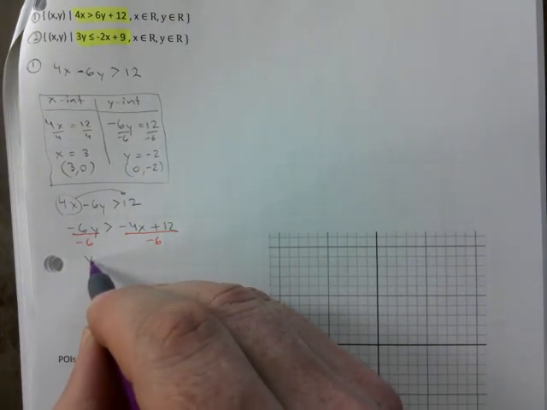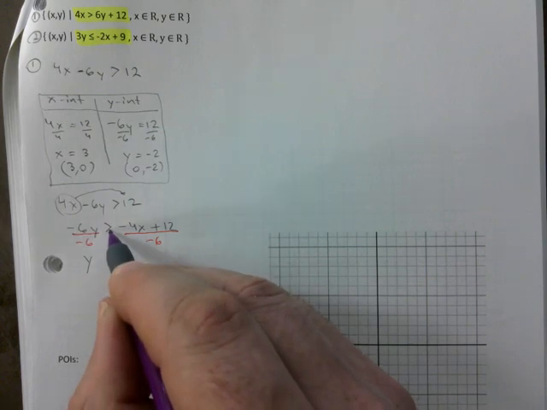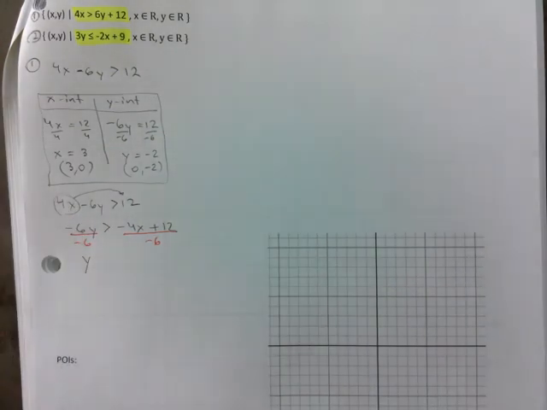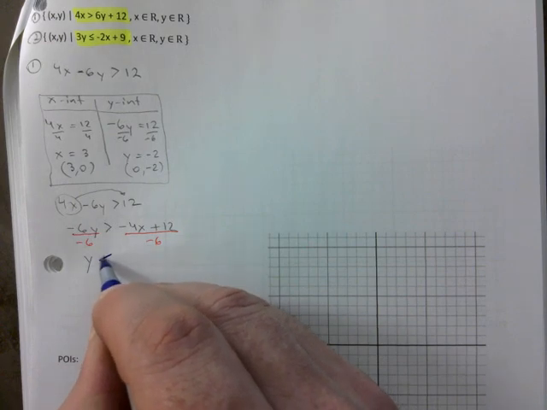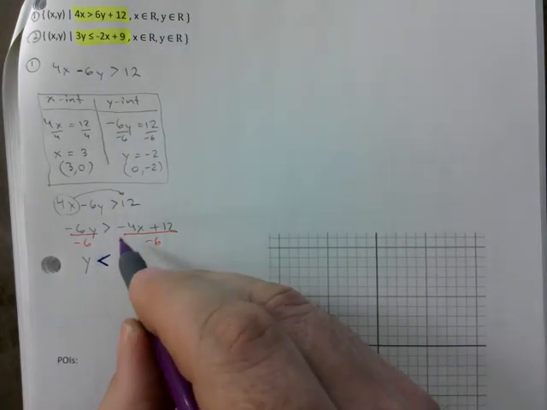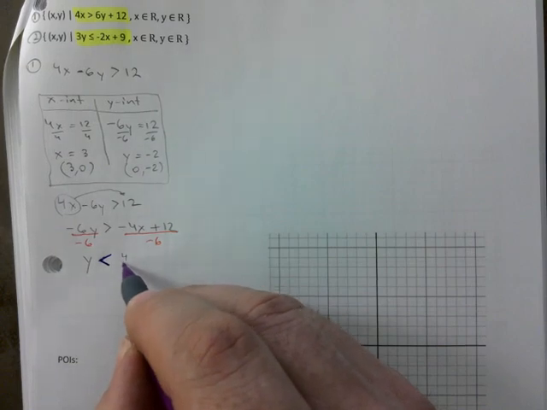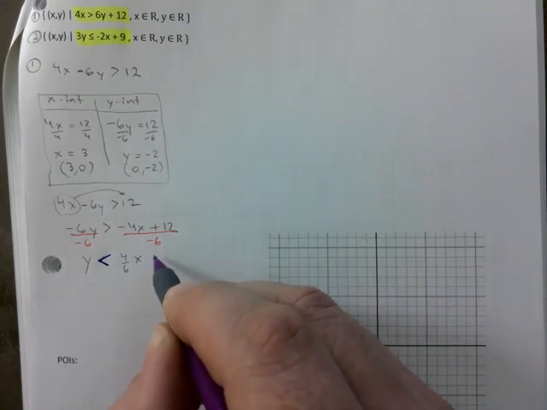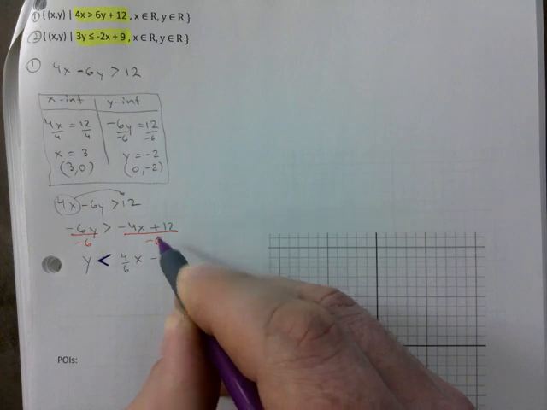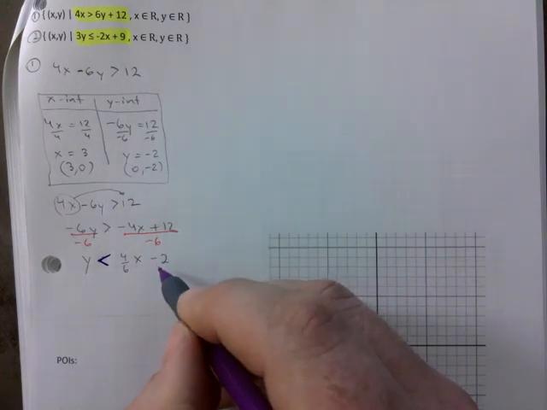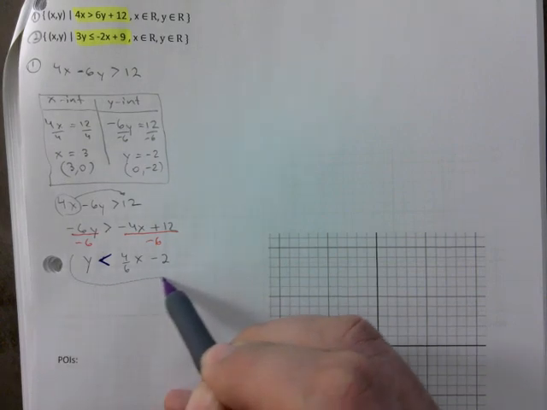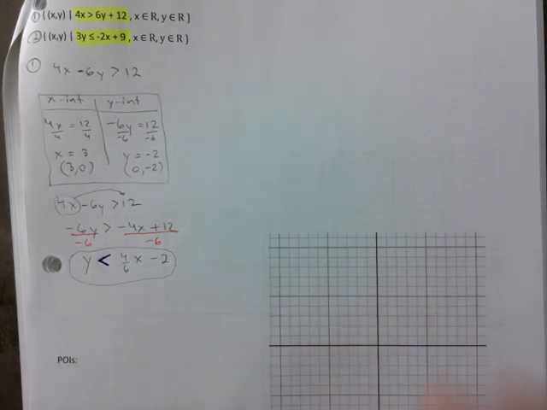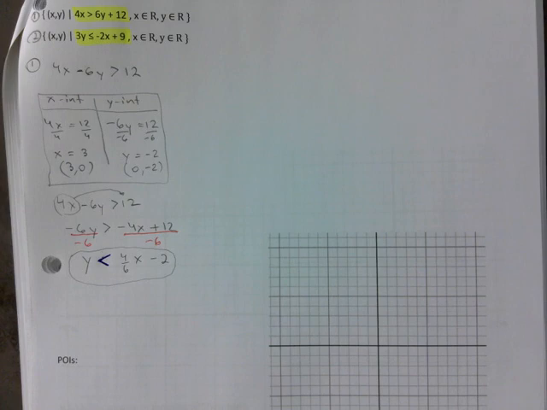So this would be y is less than, this flips, and it's 4 over 6x minus 2. So it jives, right? My y-intercept is negative 2. It is also negative 2 here. This is important to me because I'm going to need that later on.